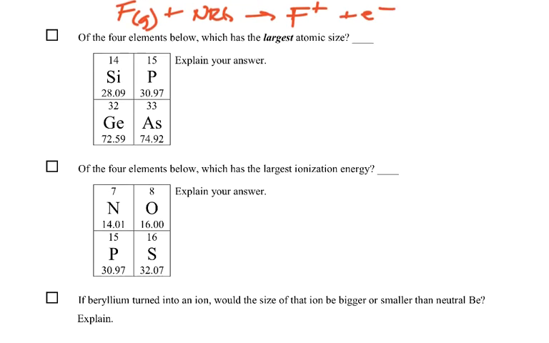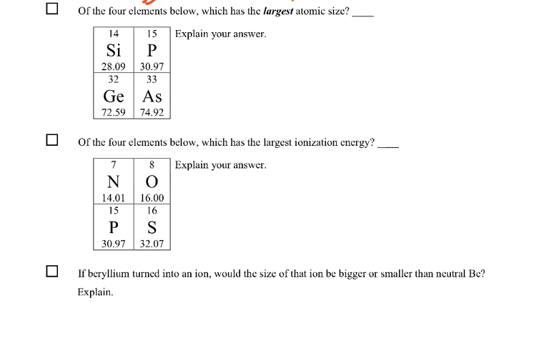Okay, of these 4 elements below, which has the largest atomic size? Well, trends, we know that as we go across, the atoms get smaller. So of these 2, I know that silicon is bigger than phosphorus, and same thing, germanium is going to be larger than arsenic. And going up and down, I know that they get larger because I have more and more shells. So germanium would be the largest of this group, and the idea is that germanium has the lowest Z effective and the most shells.